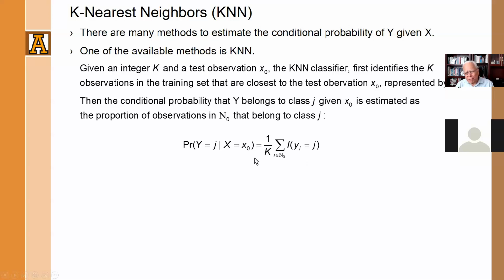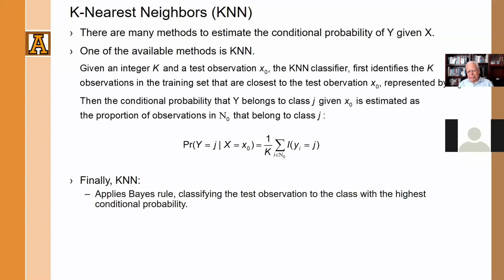So if we have 5 nearest neighbors, that will be 1 over 5, a neighborhood of 5. It will be the sum of these indicator variables that are equal to 1 when the yi corresponds to the jth class, and 0 otherwise. That gives me the proportion in these 5 neighbors that belongs to class 1 and what proportion belongs, say, to class 2, assuming that we have only 2 classes, and we'll assign x null to the class that has the largest proportion of data points in that neighborhood.